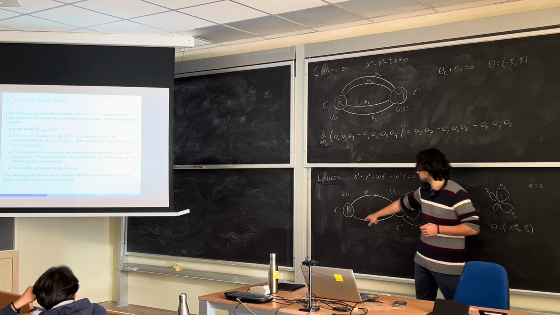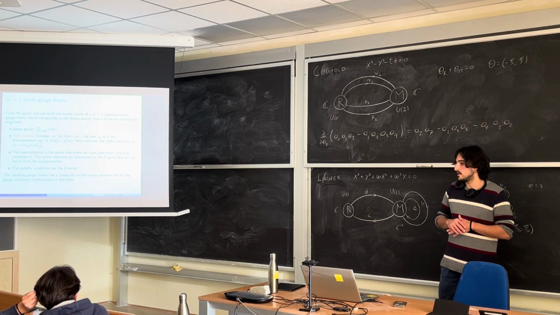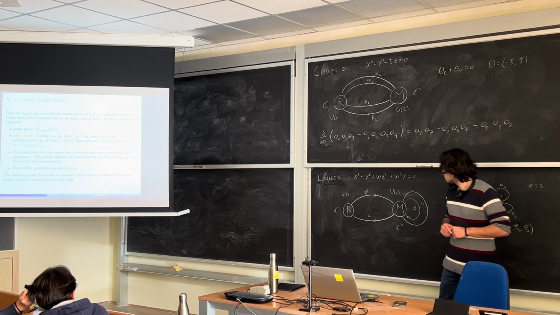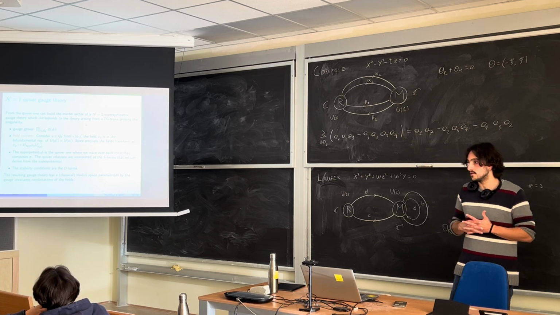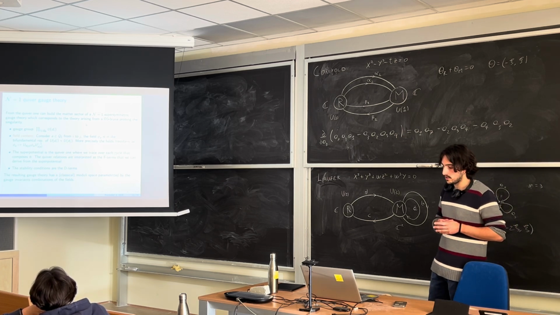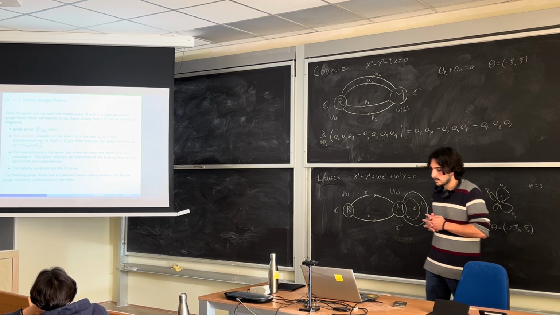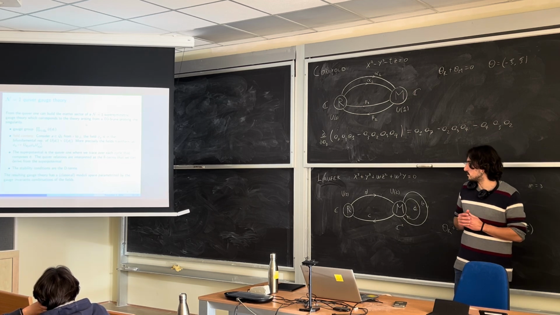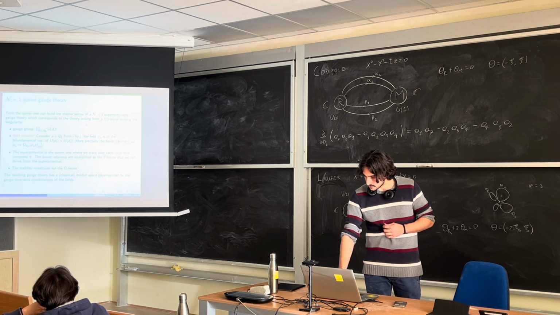For example, if the edge goes from i to j, we associate a field in the bifundamental of U(d_i) times U(d_j). Then the superpotential is precisely the superpotential of the quiver, written with these fields, and the D-terms of the theory are precisely the stability conditions written above.